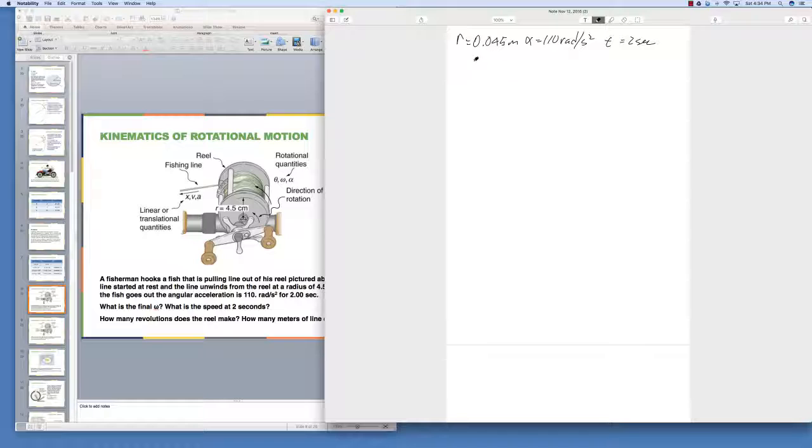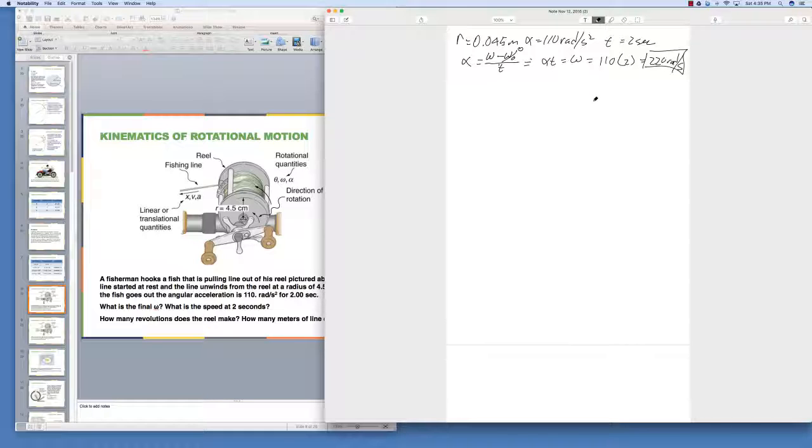So first of all, the angular acceleration is equal to the final angular velocity minus the initial angular velocity divided by the time it took to get there. If we rearrange this, alpha t is equal to the final angular velocity, because the initial is equal to 0. So if we put that in, 110 times 2 is 220 radians per second. So that's the answer to the first part.